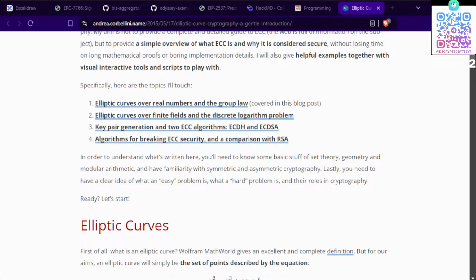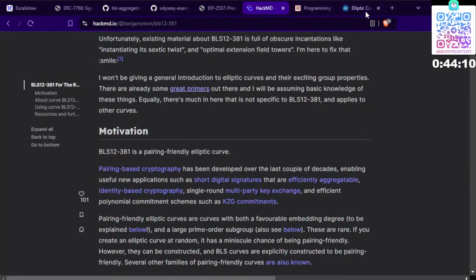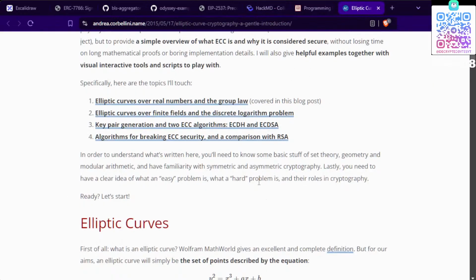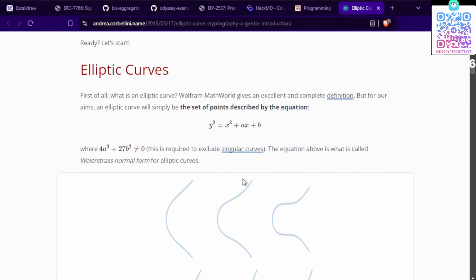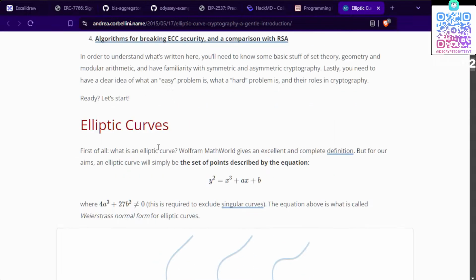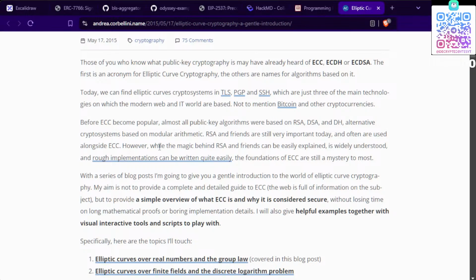Right now we'll read this, but afterwards we can read this part where they are explaining elliptical curves. So basically ECDSA, ECC, whatever.